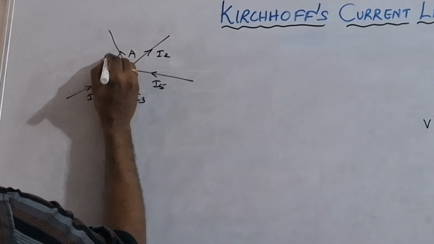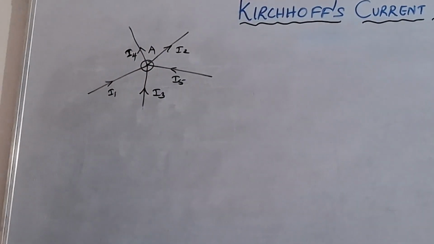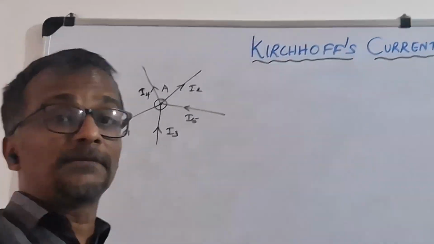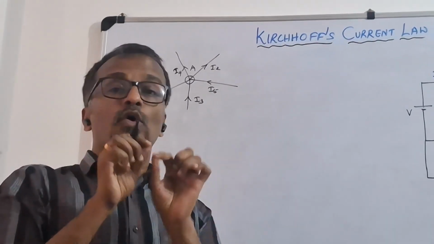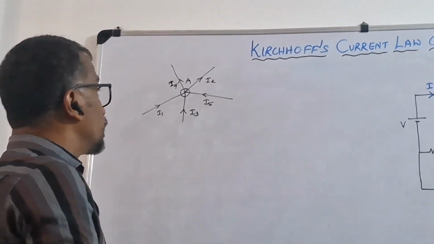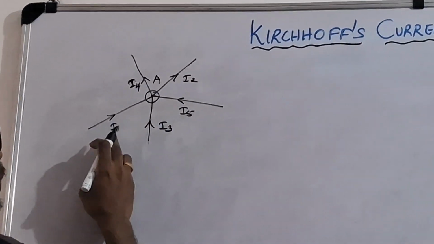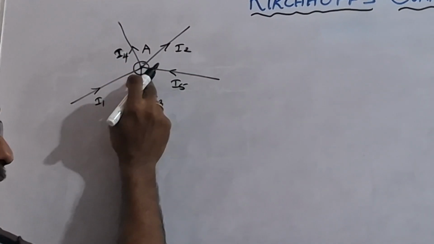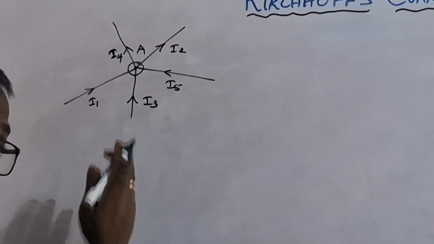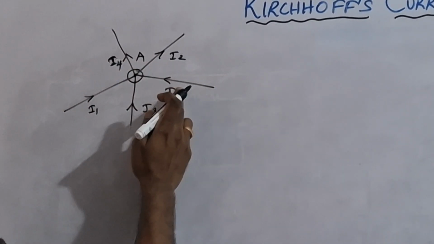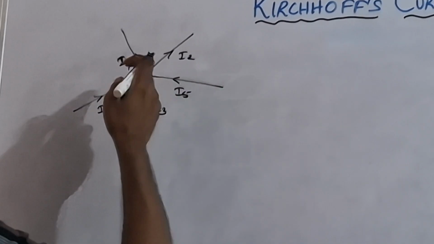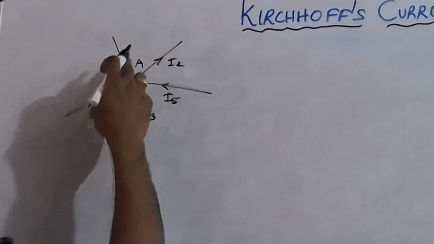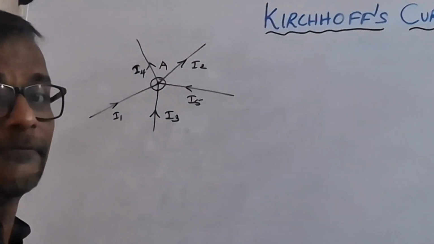So now what is meant by Kirchhoff current law? The algebraic sum of the currents in a particular node is equal to 0. Assume that I1 is entering the node A, I3 is entering the node A, similarly I5 is also entering. At the same time, I4 and I2 are leaving the node.